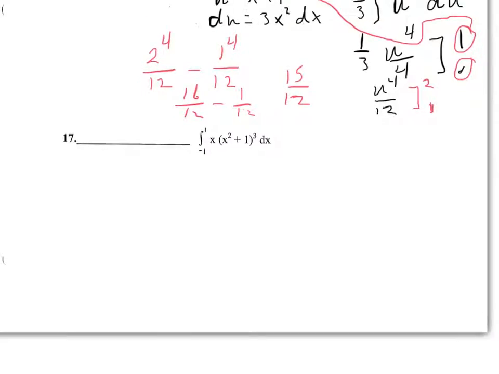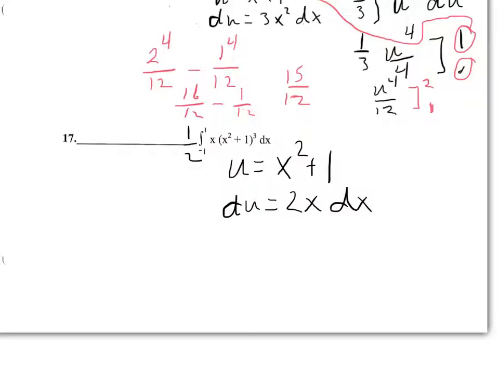All right, so let's let u equal x squared plus 1. Du then should be 2x dx. Okay, so I've got the x, I just need the 2, so let's put a 1/2 out in front. So then it's 1/2 the integral of u to the 3rd du.